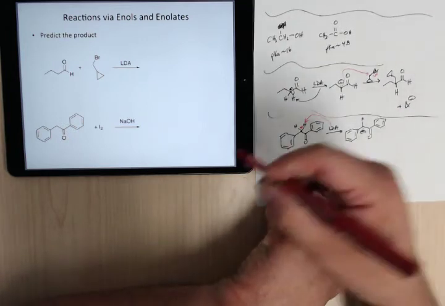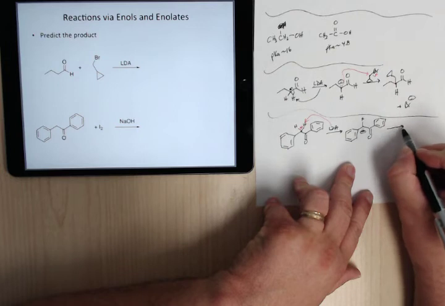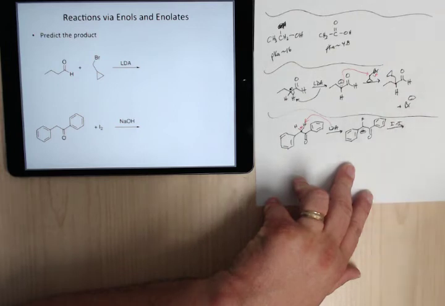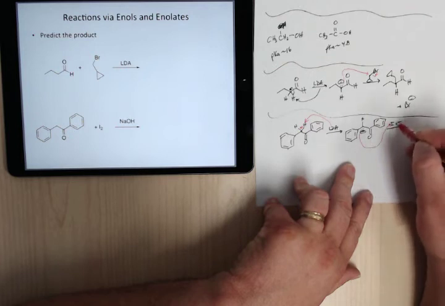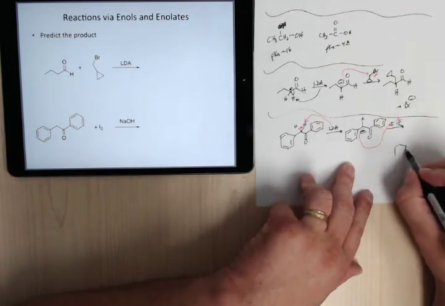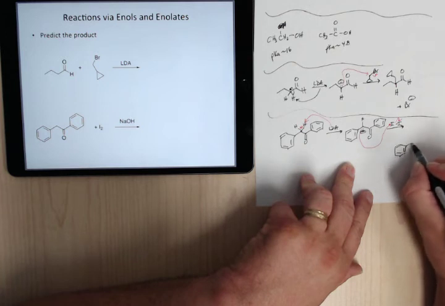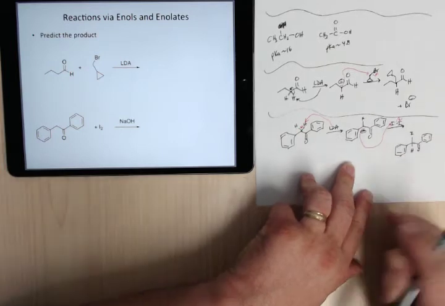Okay. And in the presence of iodine, just like it did here, this is going to attack, kick away. So what you're going to be left with is an iodine next to the C double bond O.